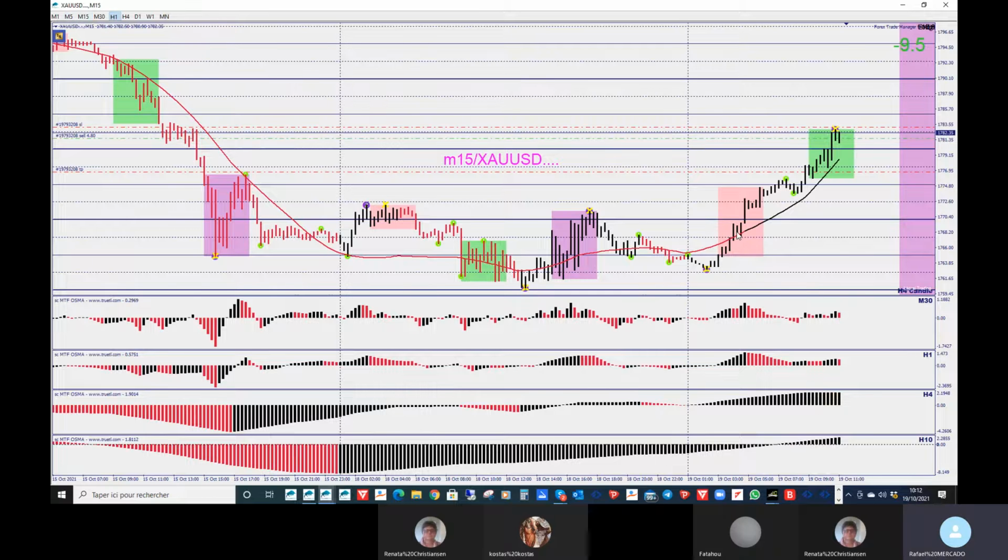Something else that I forgot, and yesterday Santiago told me, is about the 15-minute trend line. You see how important to the up direction this trend line is? So that means in the 15 minutes the move is still going very strong to the upside.